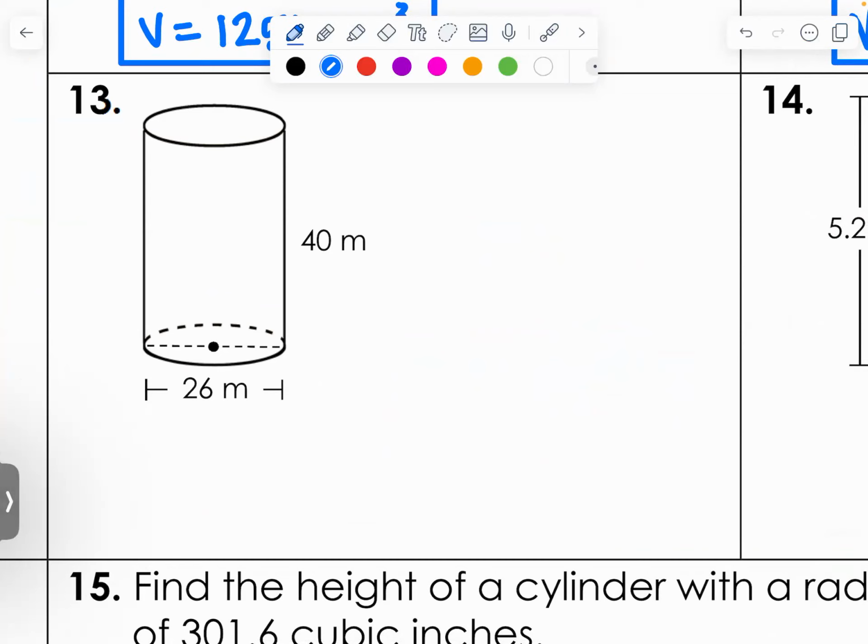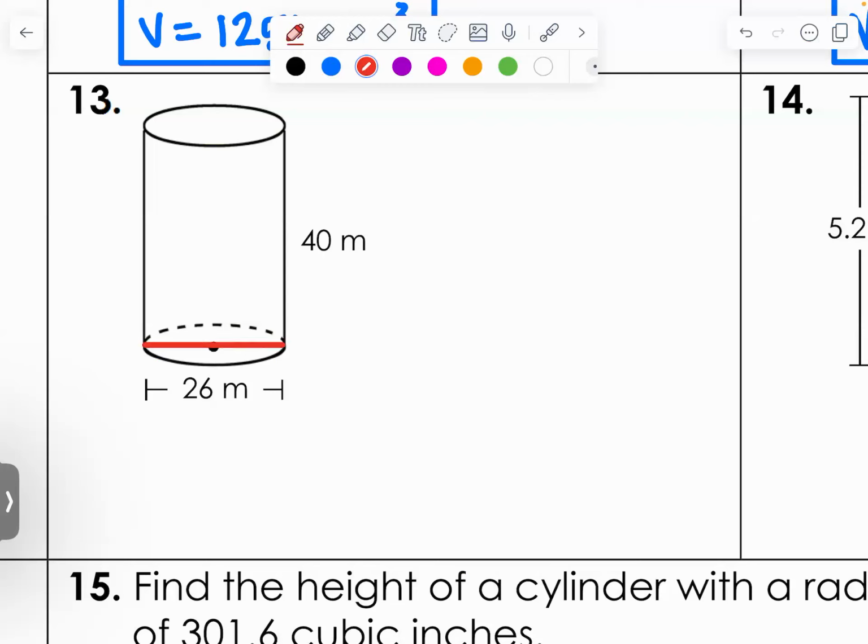Cash just asked me, do you have to split 26 in half? How should I answer that? Why? Okay, what do we call that? It's the diameter. So you're right. This is the diameter.